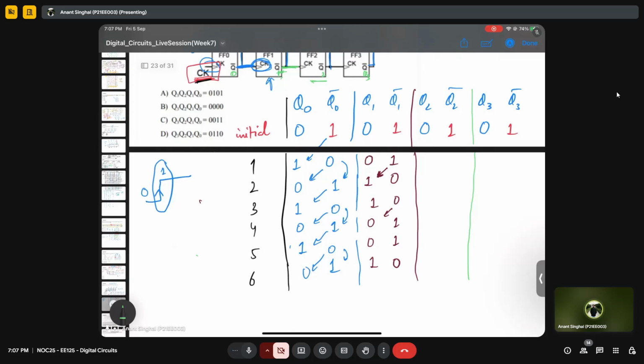So this is the clock, and the only 0 to 1 transition that is happening is here. The rest will remain the same, right? So this will be 0 1, this will be 0 1, this will be 0 1. Here the transition happens, so this 1 will come here, this becomes 0 1 0, and this is also 1 0. Is this step clear?